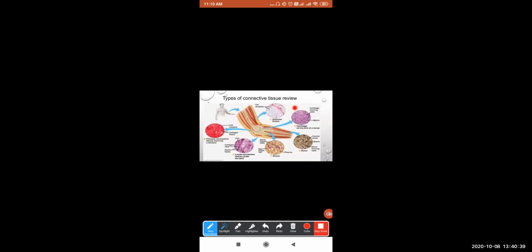The next connective tissue is the bone. Bones are made up of specialized cells called osteocytes, which are embedded in the matrix made up of calcium phosphate. And we all know bones are present in all the parts of our body, that is, the entire skeleton of a human is made up of bone.